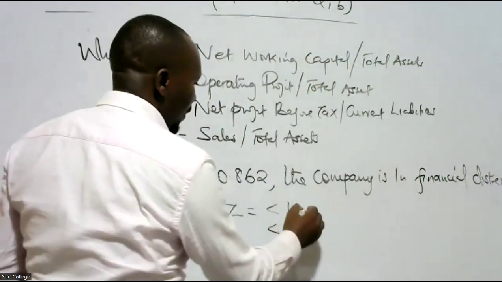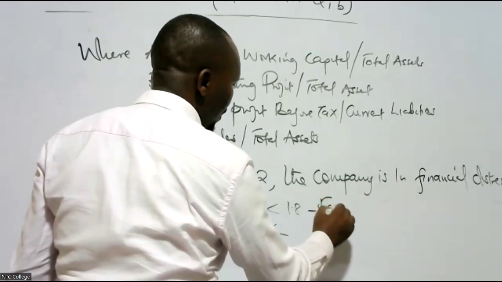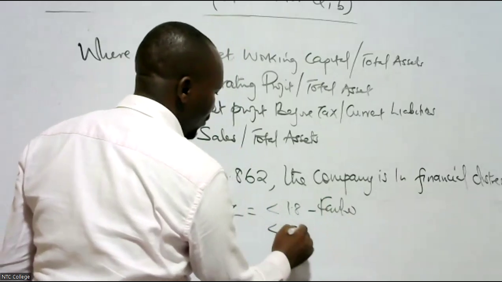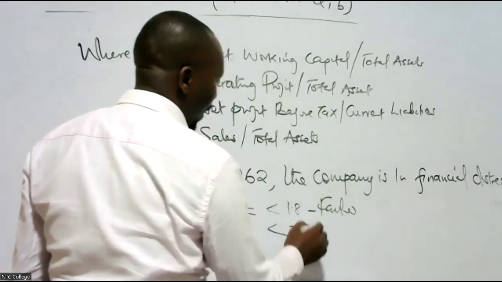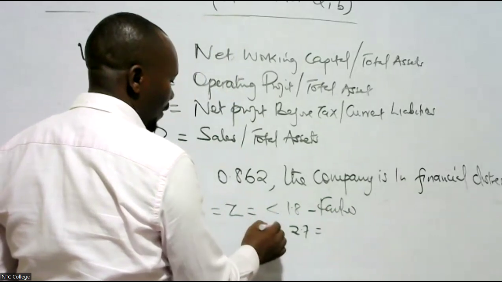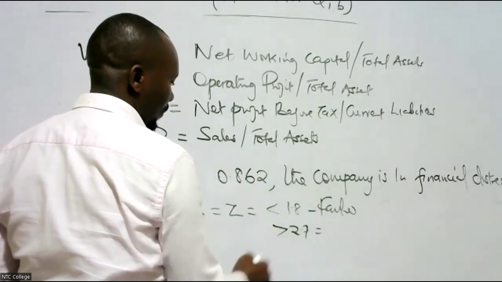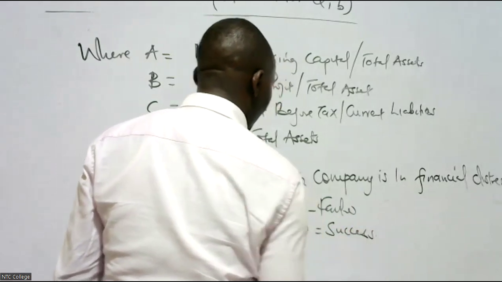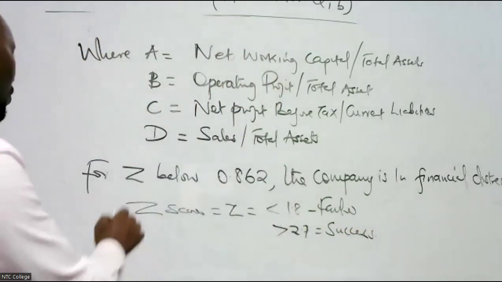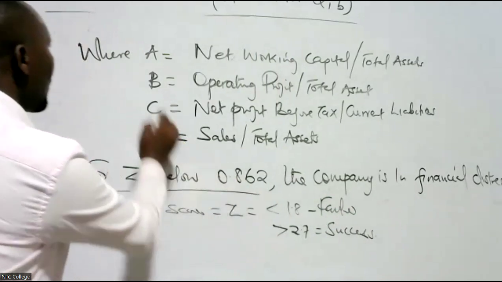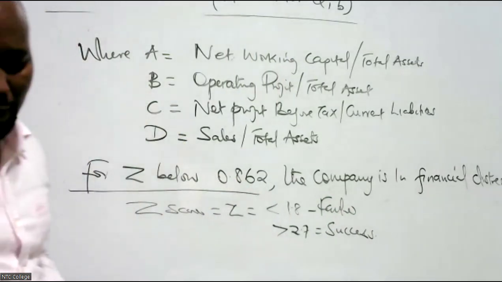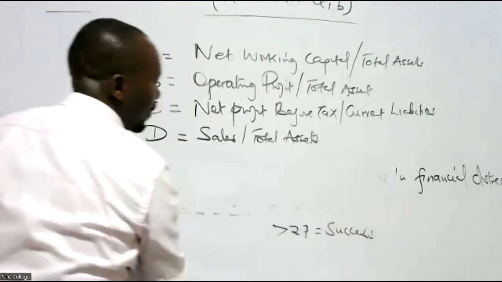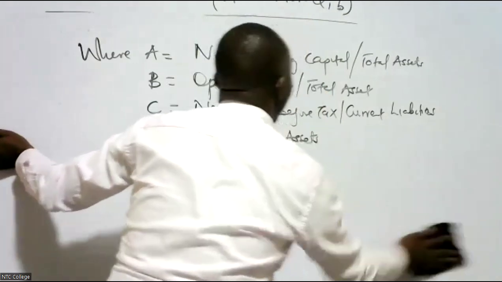If it is greater than 2.7, or above 2.7, success. That was the interpretation for the Z score, but this one is the interpretation for the Springate model. So we can calculate and then we give our conclusion at the end.